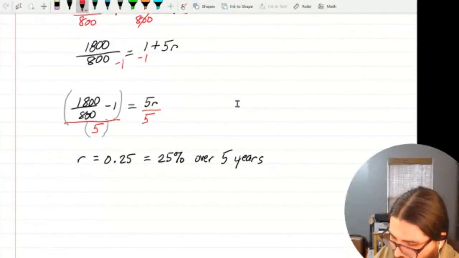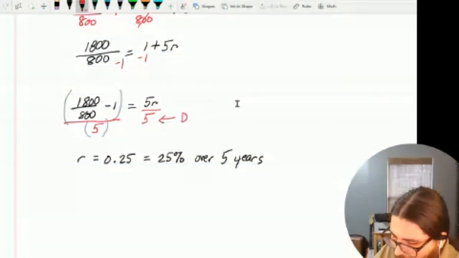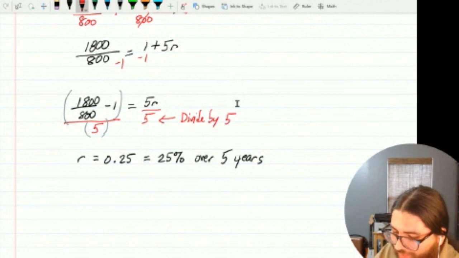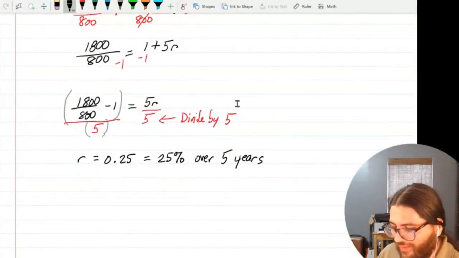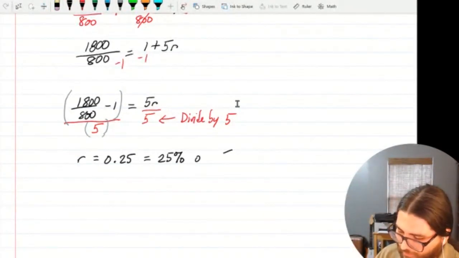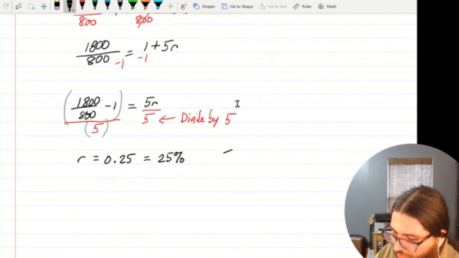I'm going to point at it because I was about to make a mistake. Look here. I already divided by 5. That 5 represents spreading it out over 5 years. So that is 25% per year.